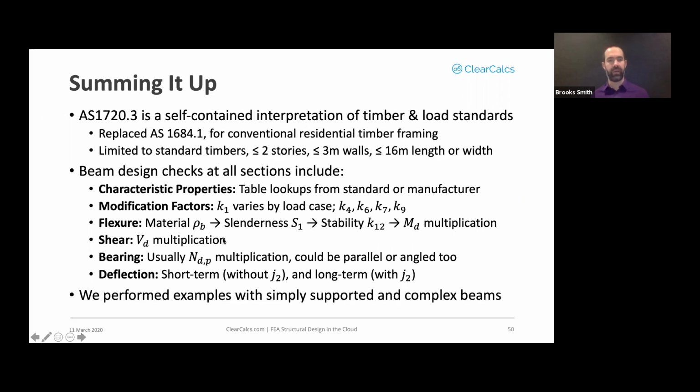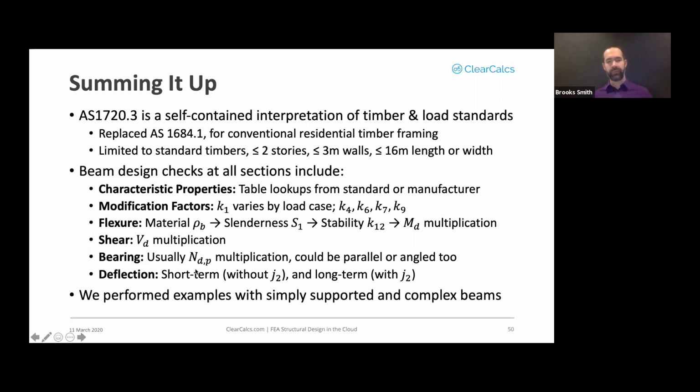Shear is simply multiplication out of modification factors and the characteristic values to get V sub D. Do remember that the area for shear is not the gross area, but for a rectangular section, it's equal to 2/3 of the gross area.